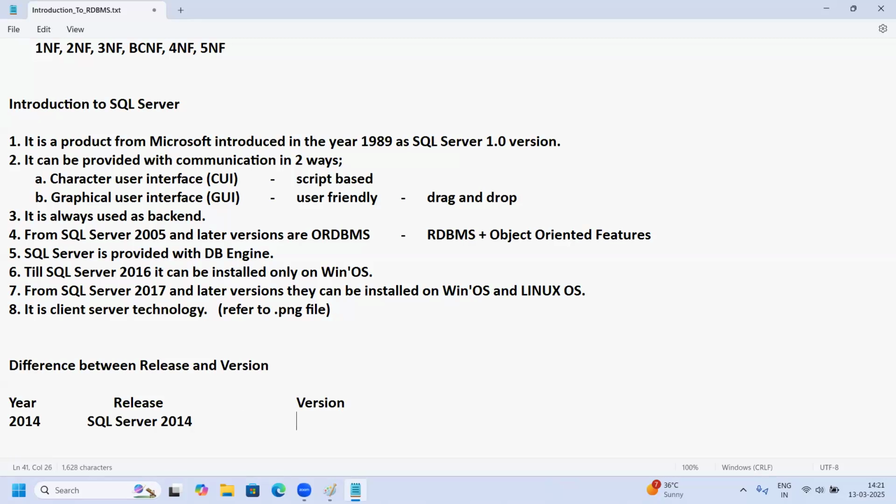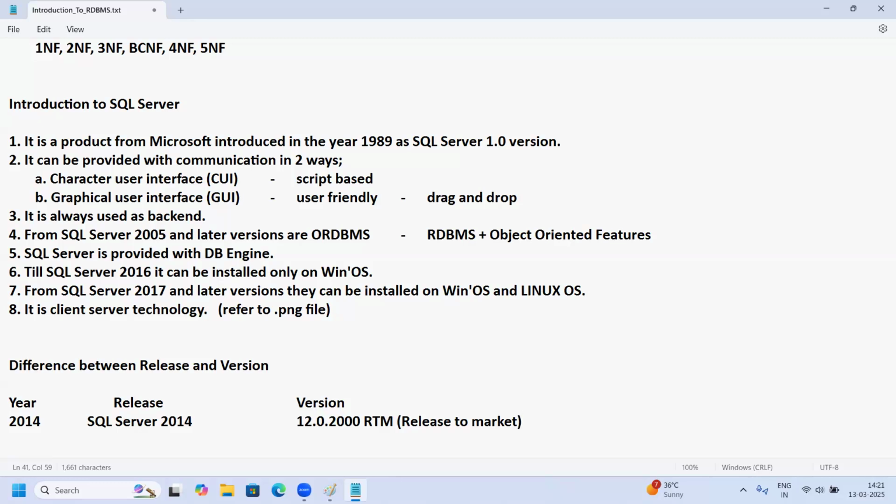What is the version of 2014? You call it 12.0.2000 RTM. RTM, that is called release to market. That is the version.